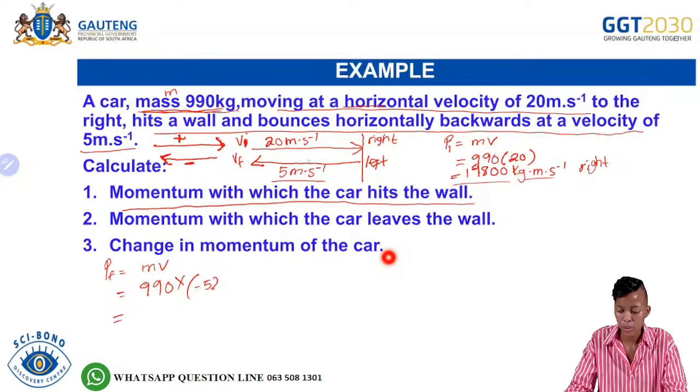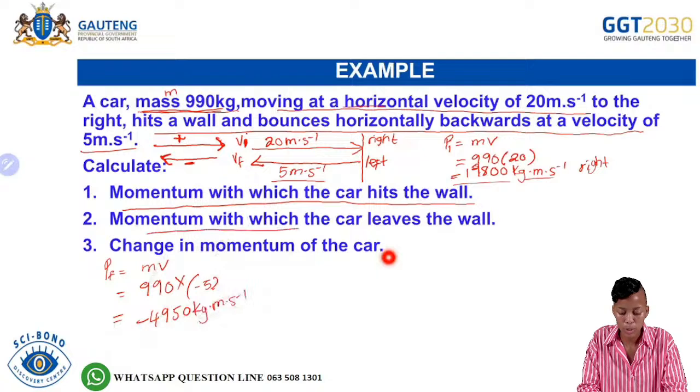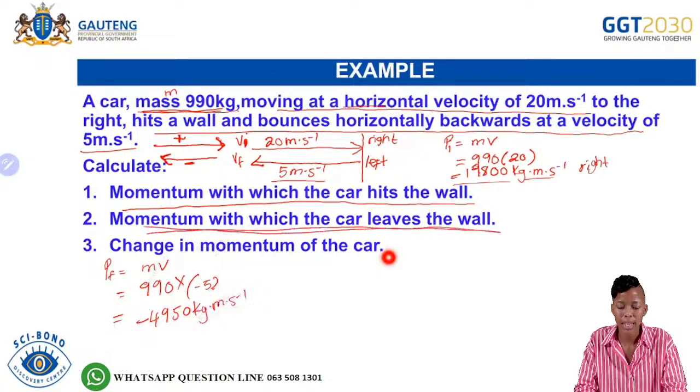So what are you going to do from there? You are going to take your calculator and punch in 990 multiplied by the -5, so it will give you -4950 kilograms meters per second. So that is the momentum with which the car leaves the wall.